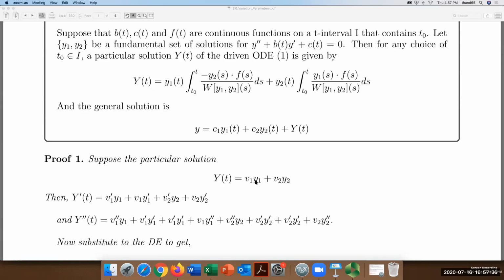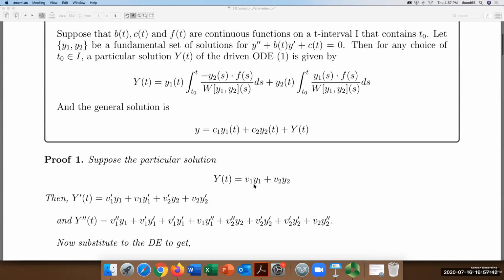In this case, we have two functions that form a fundamental set of solutions to the homogeneous part. Then in order to find the particular solution, we want to multiply each of the functions by a function: multiply y1 by v1 and y2 by v2. The goal is to find v1 and v2 to find the particular solution.